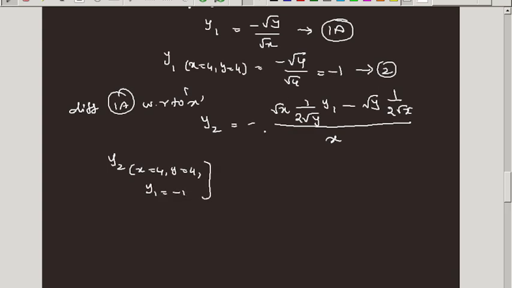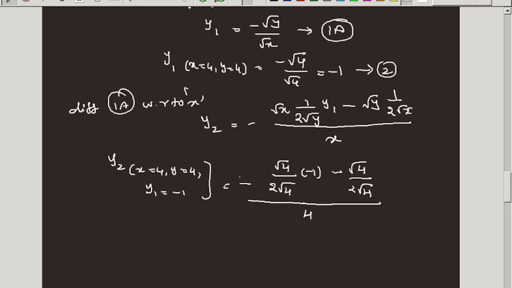So this value we substitute here, minus is common. So here root x is 4 dividing by 2 times root y also 4, y1 is minus 1, minus root y is 4 dividing by 2 times root x is 4 dividing by here x is 4.